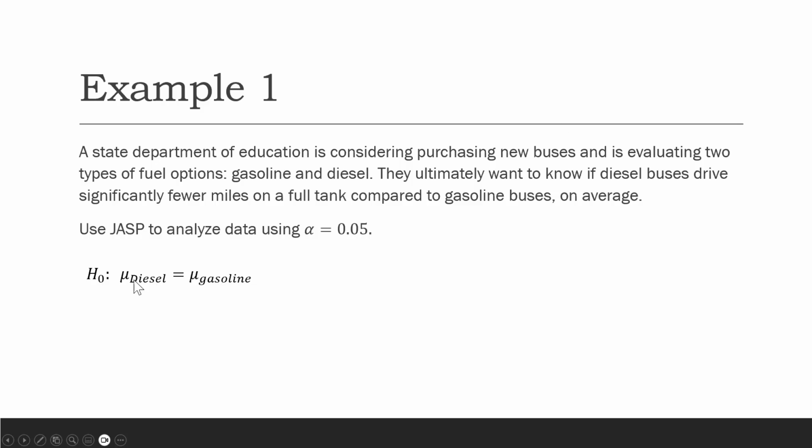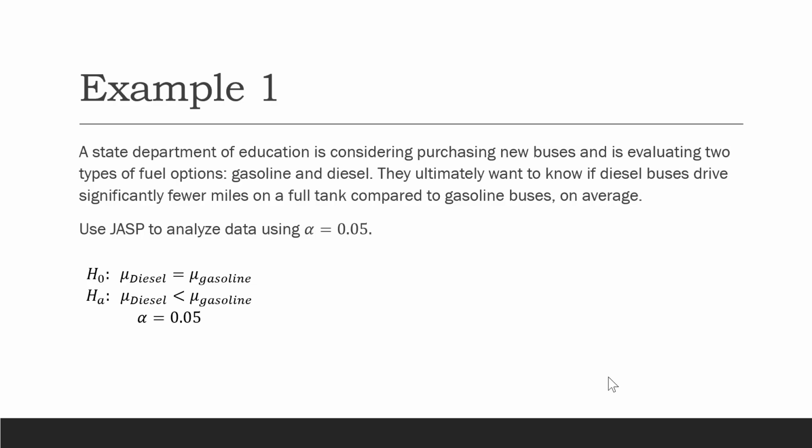Now, since I have diesel and gasoline here, I ultimately want to know if diesel buses drive significantly fewer miles. I know that my alternative is going to be one-sided with a less than. Mu of diesel is less than mu of gasoline. And of course, our significance level is alpha equals 0.05.